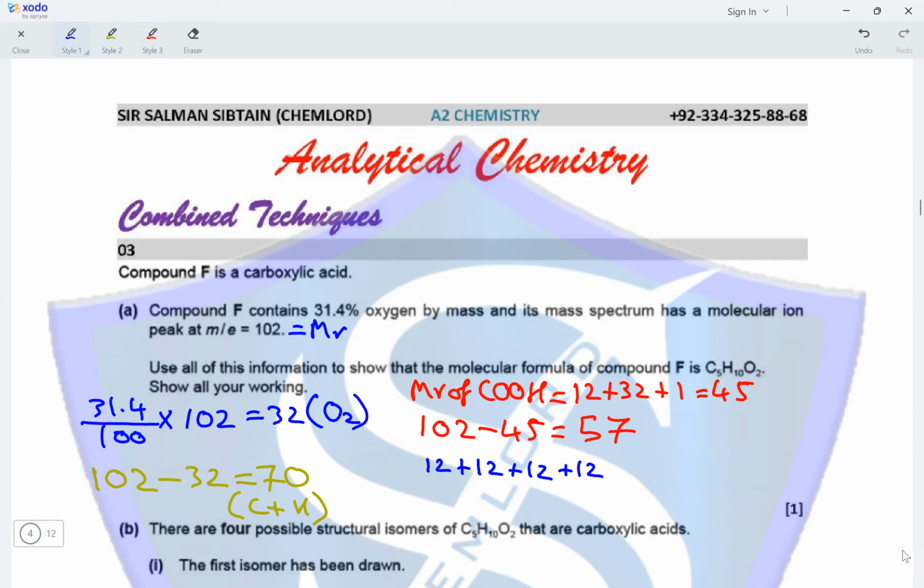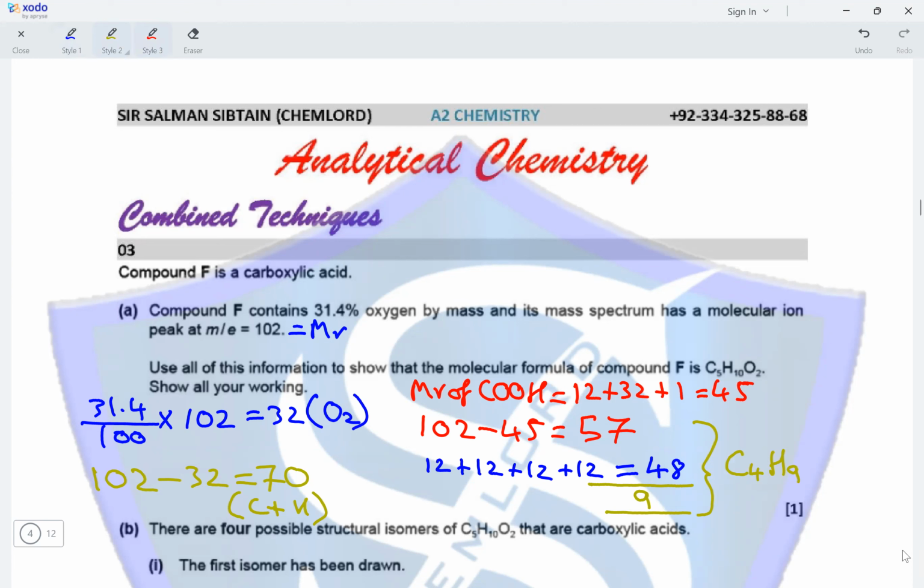So if we have four carbon atoms, the mass comes to 48. 57 minus 48 gives us 9 hydrogen atoms. So this concludes that the formula could be C4H9 for the remaining part of the compound.